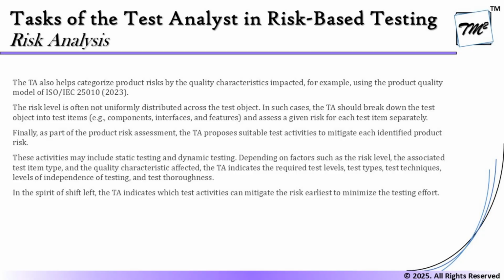The next thing to add here is a deeper dive. The test analyst also helps categorize product risk by the quality characteristics impacted. For example, using the product quality model of ISO IEC 25010, we are talking about usability, performance, interoperability, accessibility, portability, security, compatibility, and so on.